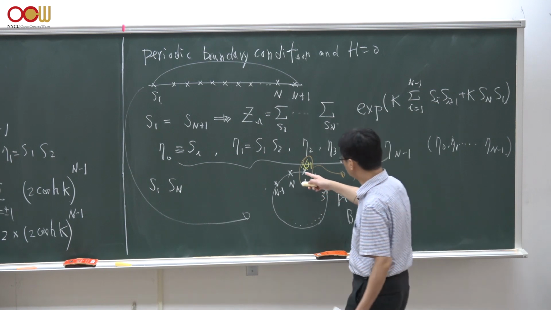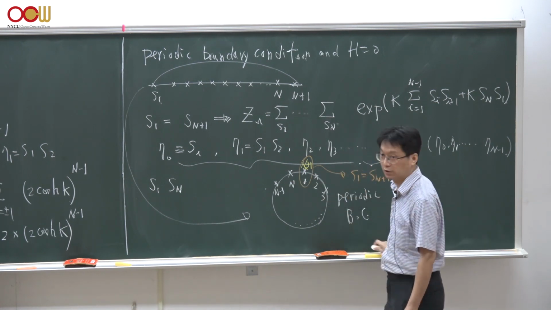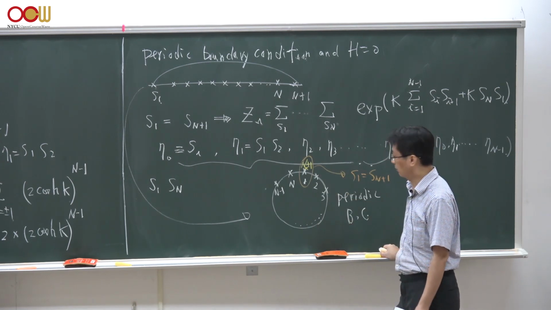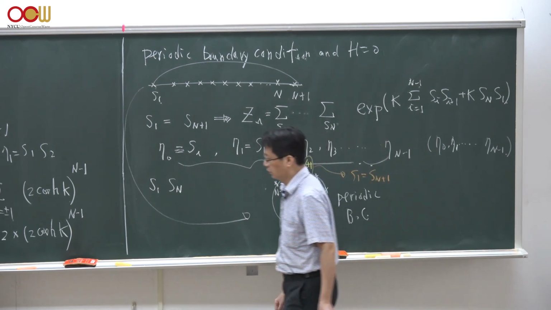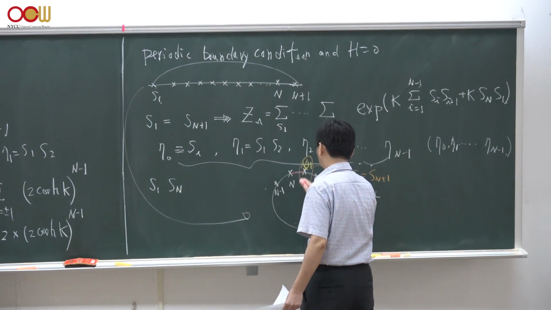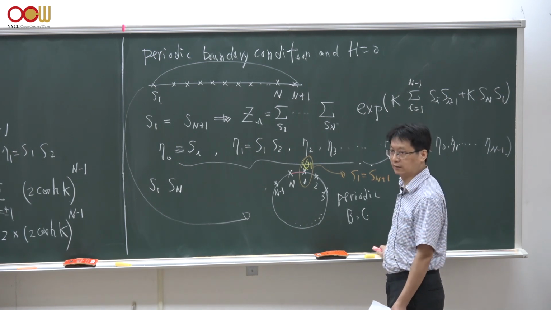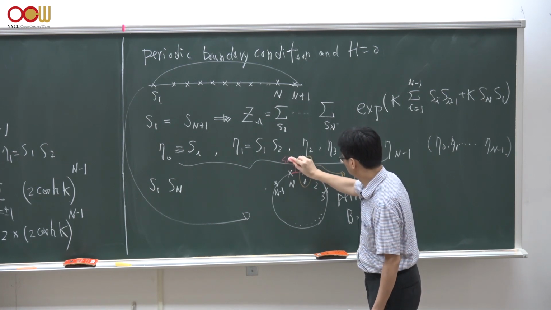All the spins can be periodically displayed on a circle or ring where we have nearest neighbor Ising couplings between S1 and S2, S2 and S3, and so on. But we have additionally one more coupling between the very first spin S1 and the very last spin Sn. So there is an additional coupling here, S1 Sn.